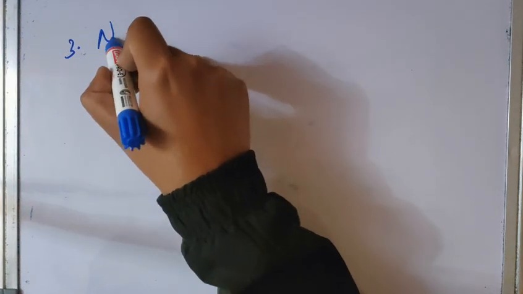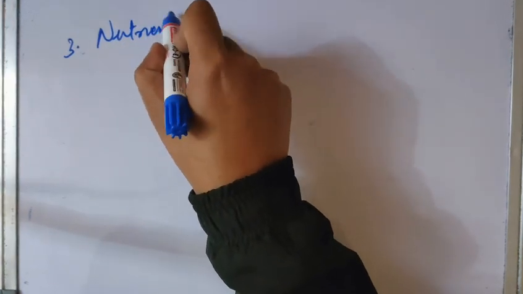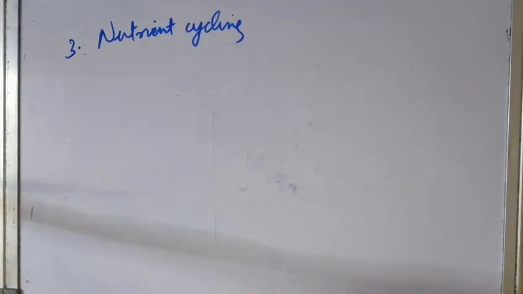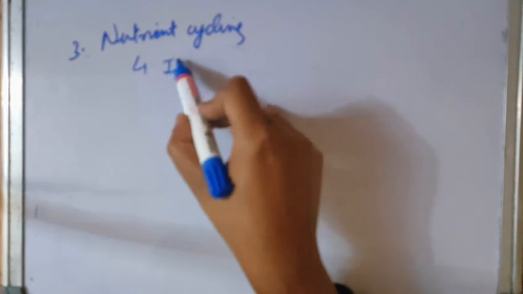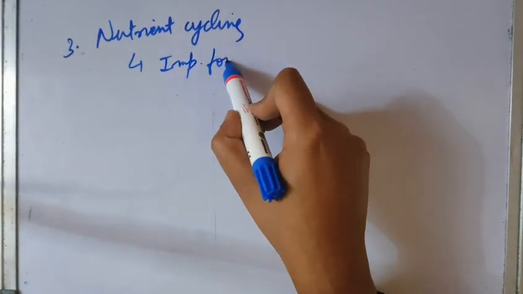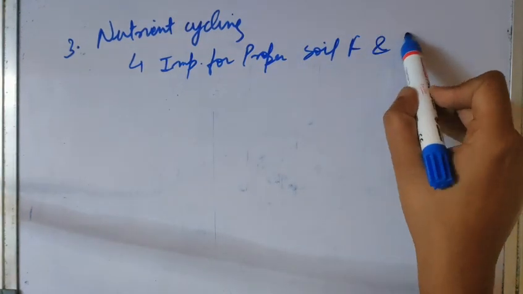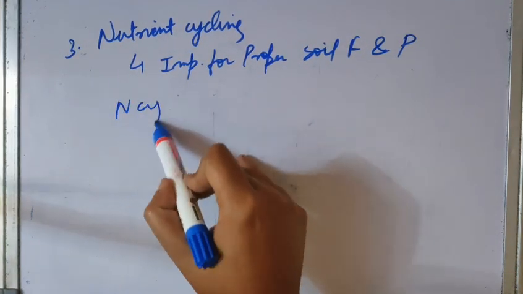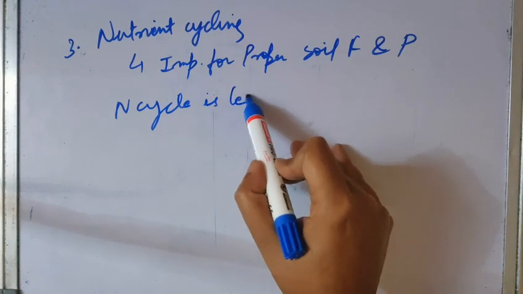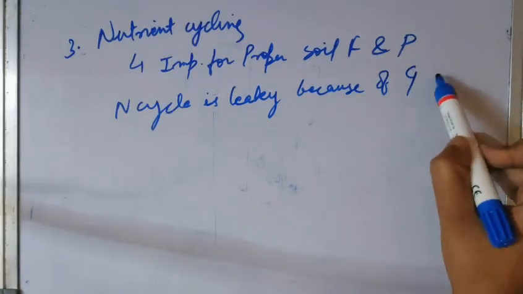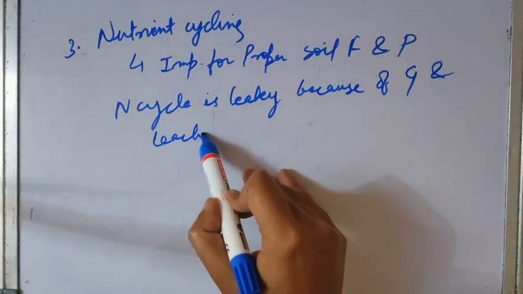Now moving on to the third principle, that is nutrient cycling. Nutrient cycling is important for proper soil fertility and production. The nitrogen cycle is leaky because of gaseous and leaching losses.